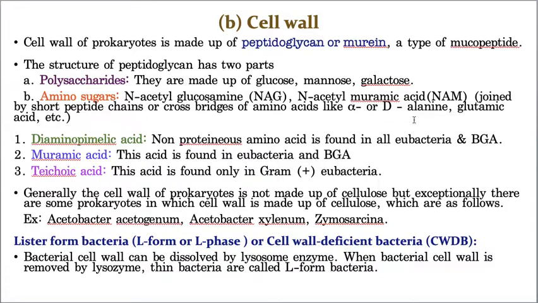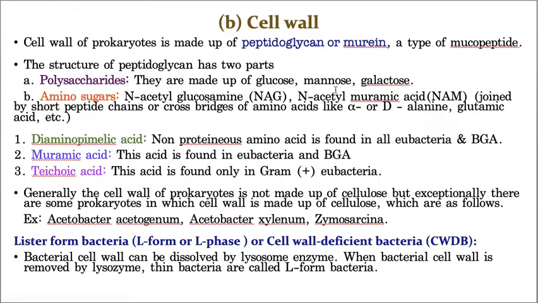For joining, there are short peptide chains or cross bridges of amino acids like alpha D alanine or glutamic acid. So with the help of alanine or glutamic acid, NAG and NAM are joined. Hope you understood what the cell wall is.